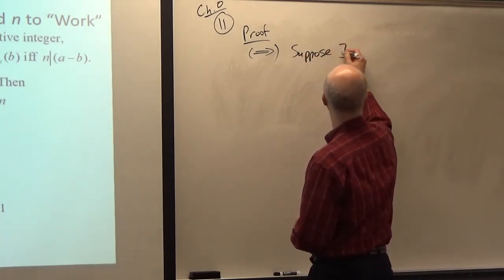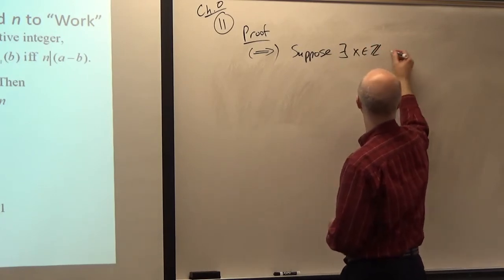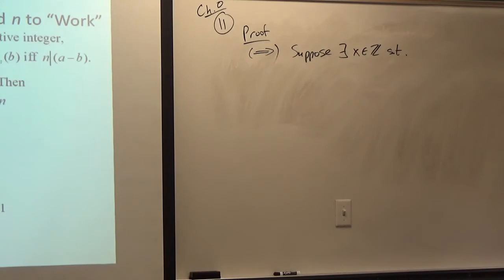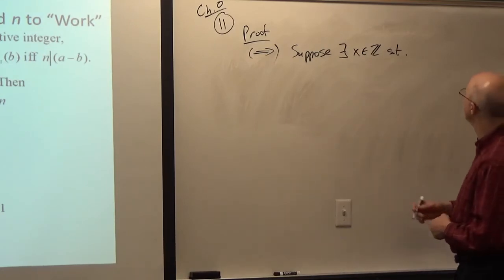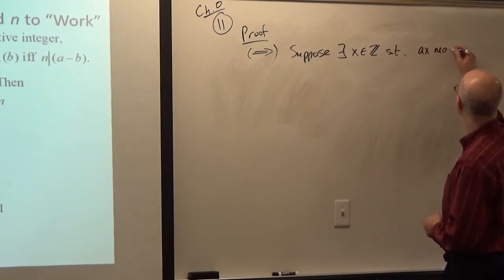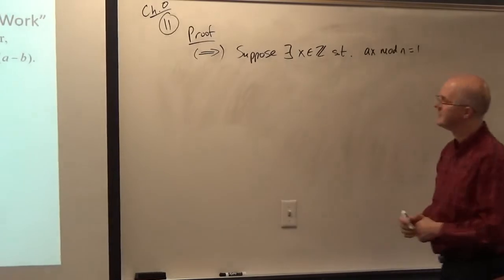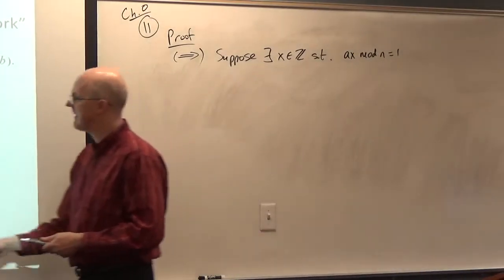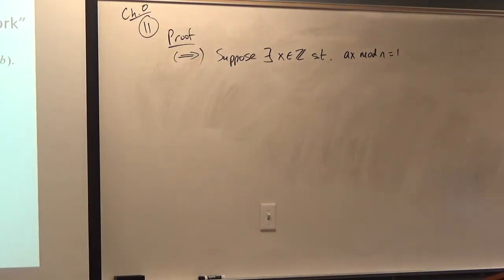Suppose there exists an x, an integer. We won't worry about it being between 0 and n because it's not part of the problem, but you could take it to be between 0 and n, it turns out, such that ax mod n equals 1. The goal is to show that the GCD of a and n, d, is 1.